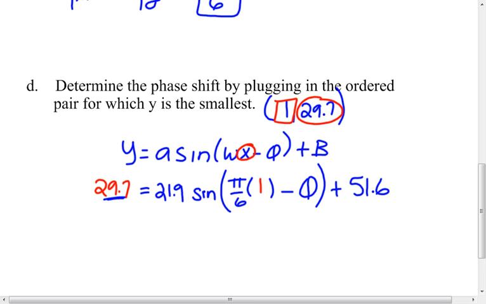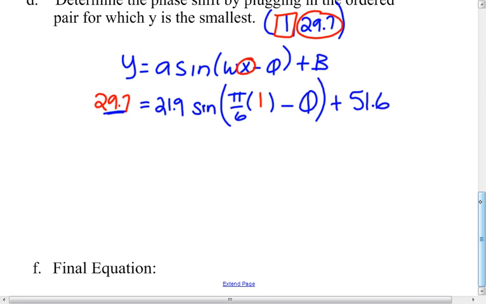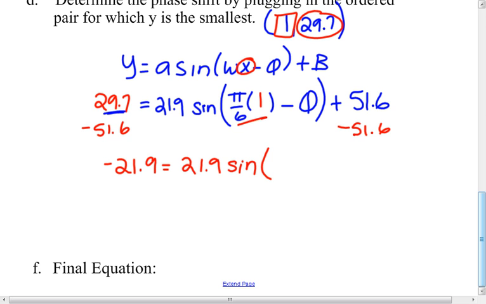I plugged in my amplitude, my midline, my everything else, and I'm going to solve here. Okay. So, this is what I have. I am going to subtract 51.6, and I will get negative 21.9 equals 21.9 sine, and then right here, pi over 6 times 1, obviously is just pi over 6.